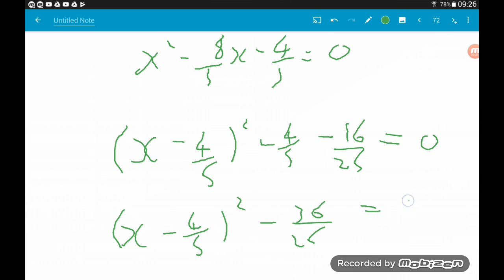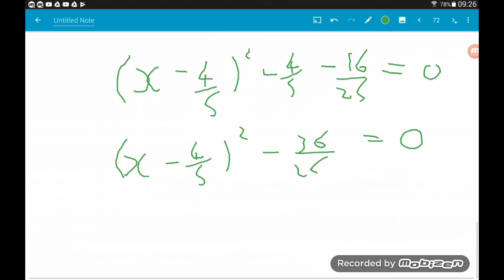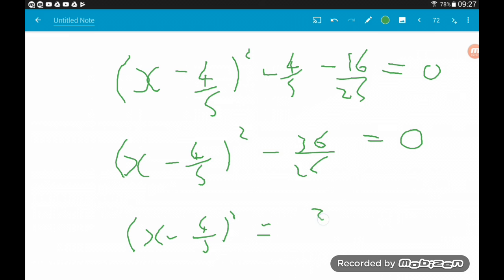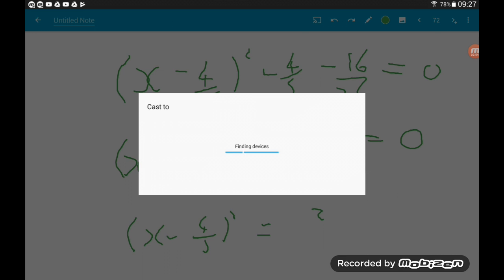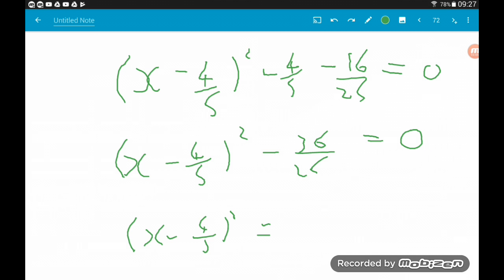Is equal to 0. If we then add 36 25ths, x minus 4 fifths squared is equal to 36 25ths.